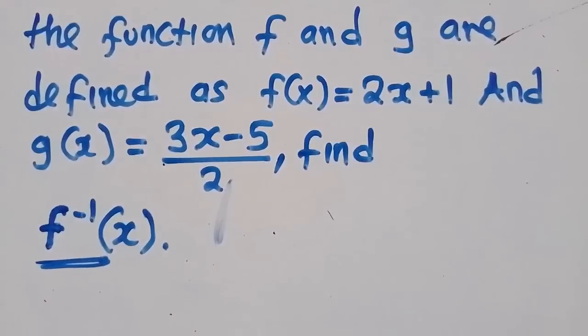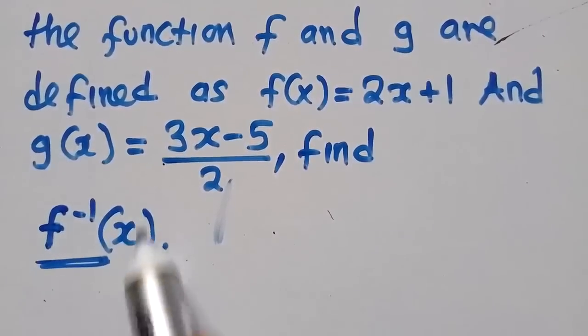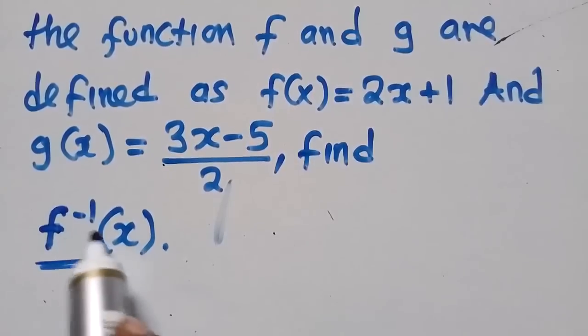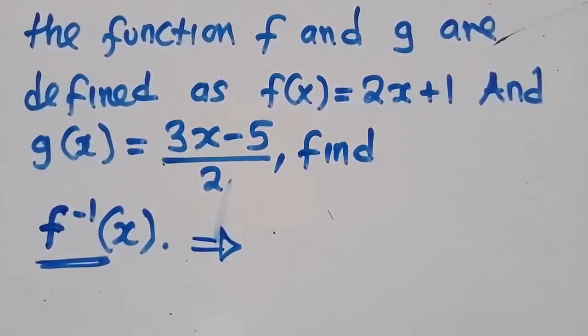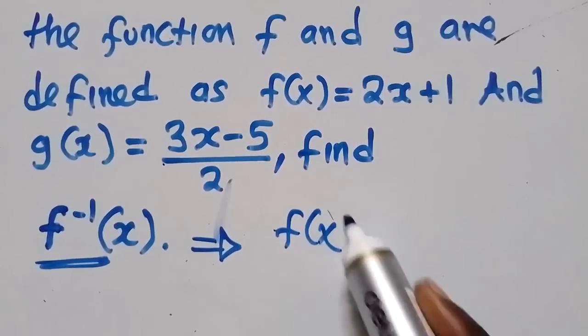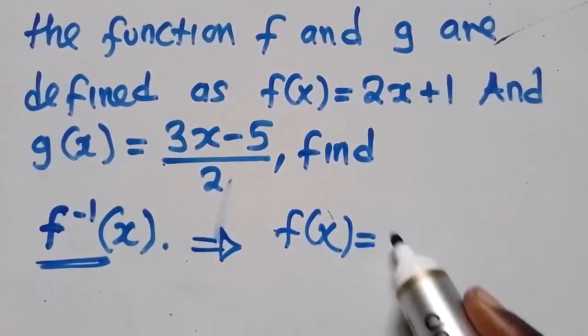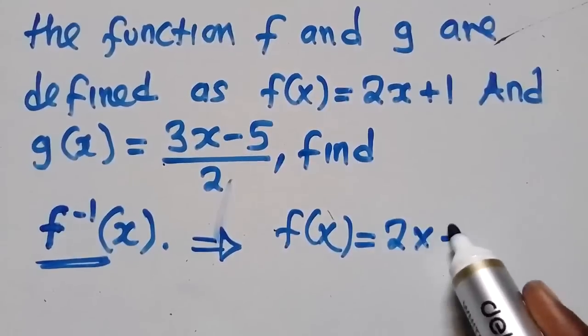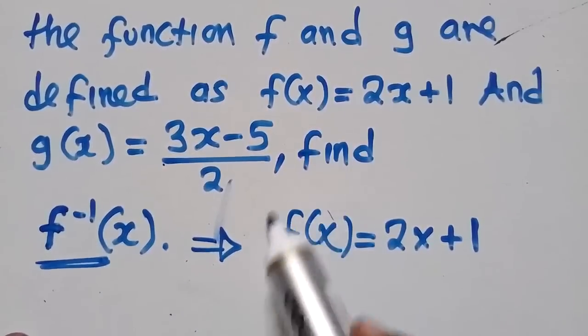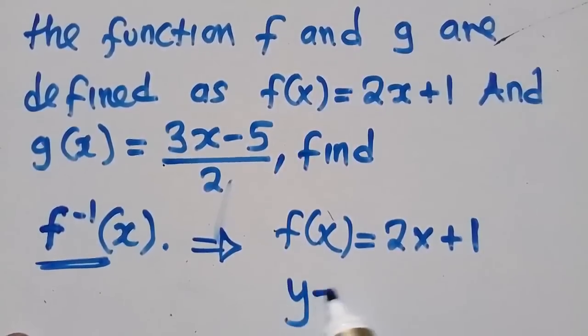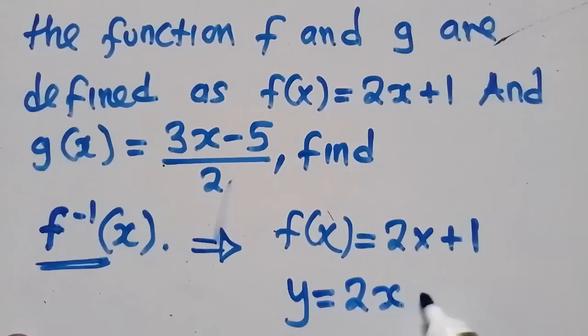You get the f of x, which is equal to 2x plus 1, this is what you are given. Where there is f of x, you put y. So y is equal to 2x plus 1.